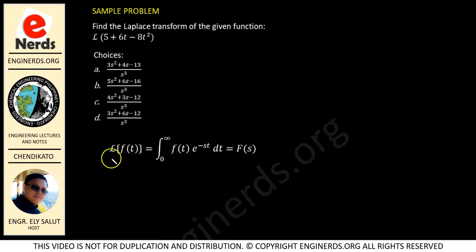So, if you're going to take the Laplace transform of the function f(t), in this case, our function here is 5 plus 6t minus 8t squared, no? So, it can be written this way.